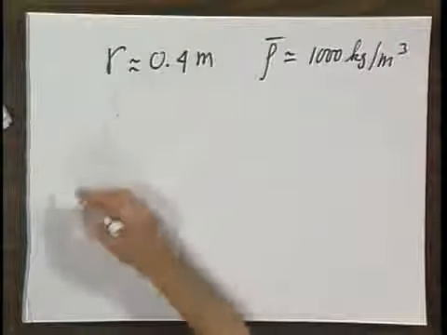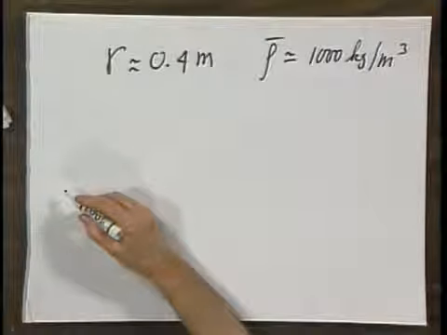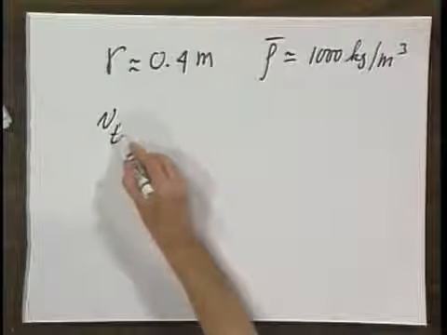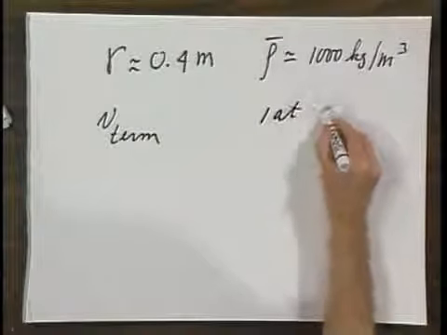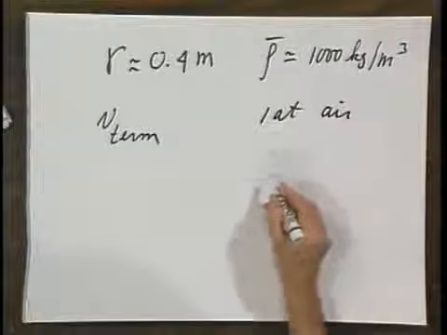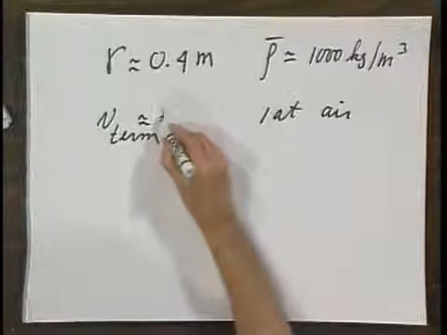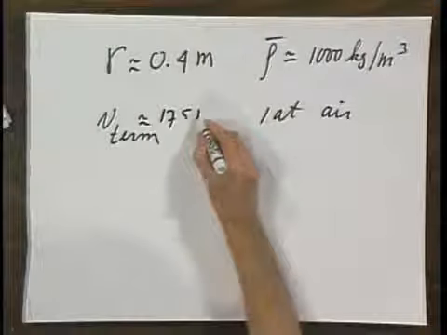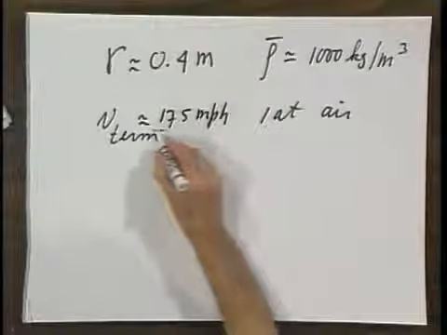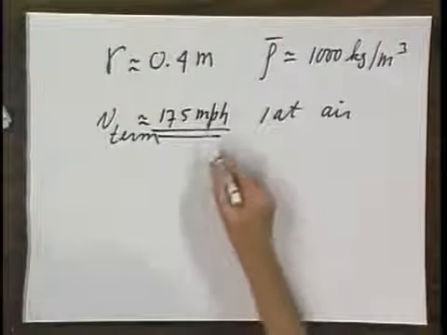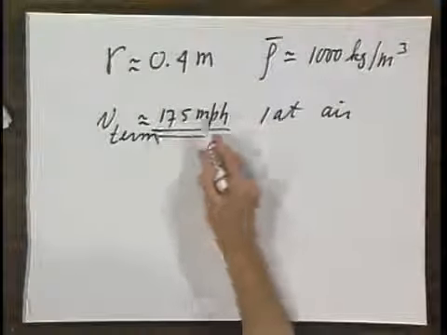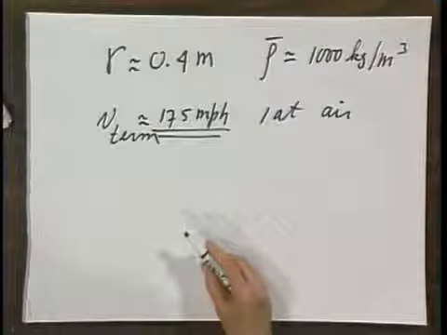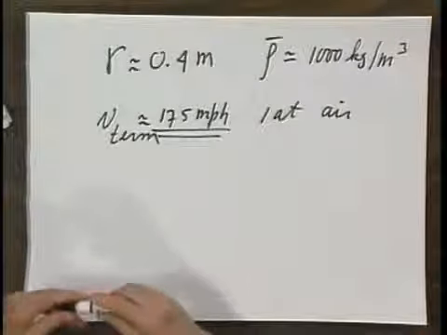And so now you can calculate the terminal velocity of a person at 1 atmosphere in air, and that is approximately 175 miles per hour. So when you slam into the ground with 175 miles per hour, that obviously is fatal. You need the parachute.